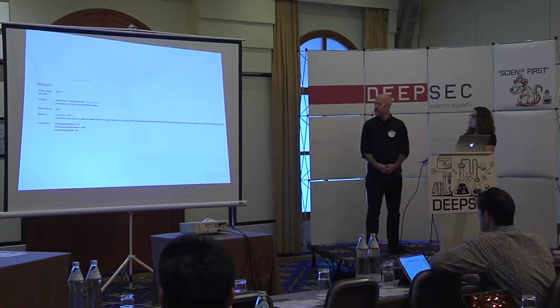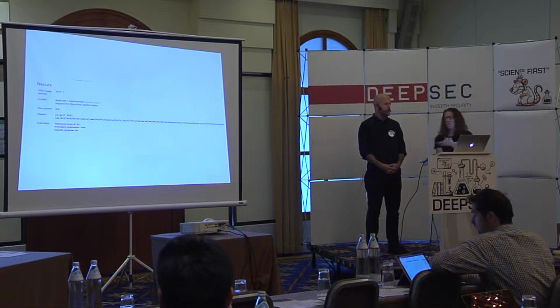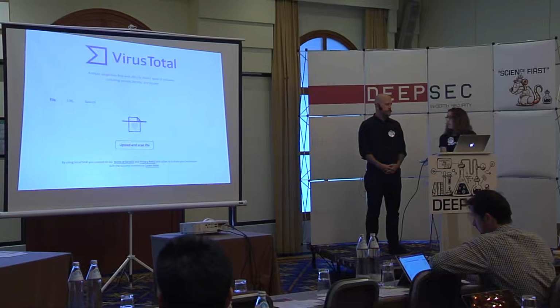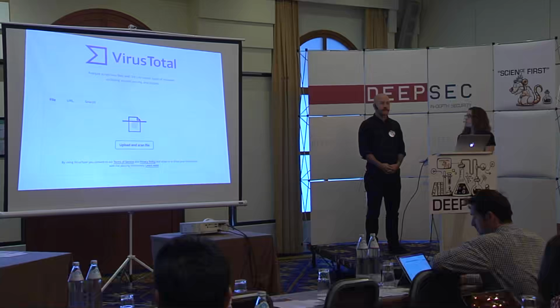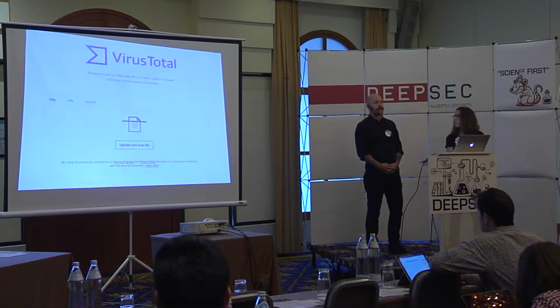So you can put in a bunch of DGAs and it will tell you, oh, this looks like it matches the regex for Necurs, so it might be a Necurs DGA. And then of course also VirusTotal, so you can get hash samples that are uploaded by the InfoSec community and honeypots. Also, uploaded by virus or malware creators to test to see if it's going to be caught.